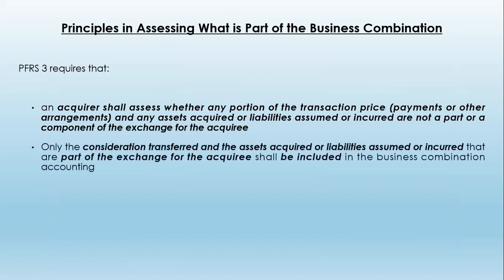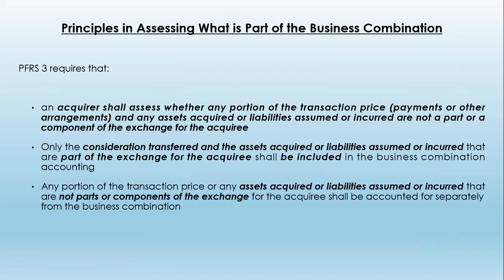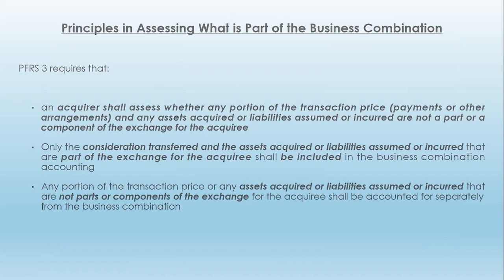Only the consideration transferred and the assets acquired or liabilities assumed or incurred that are part of the exchange for the acquiree shall be included in the business combination accounting. Any portion of the transaction price or any assets acquired or liabilities assumed or incurred that are not part of the exchange for the acquiree shall be accounted for separately from the business combination.